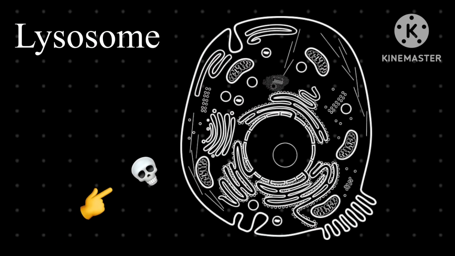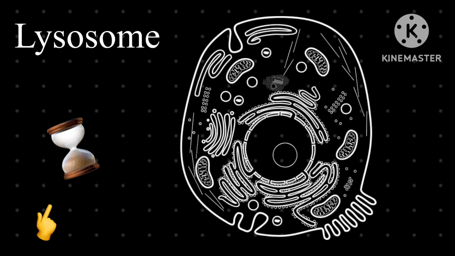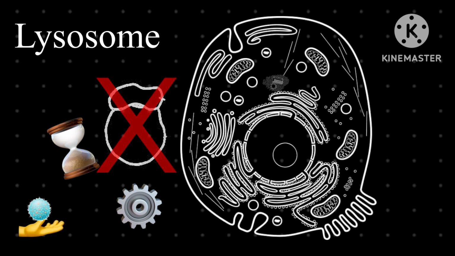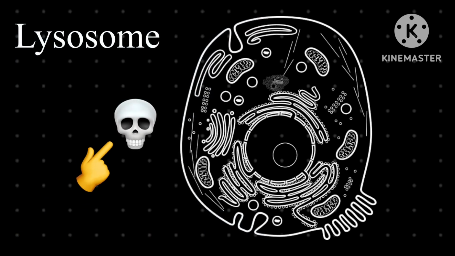So if a virus is around it, the virus will be disintegrated. But if there's a part of a cell that's gone old or is not functioning correctly, like a non-functional ribosome, then the vacuole can just pop and that part is recycled.